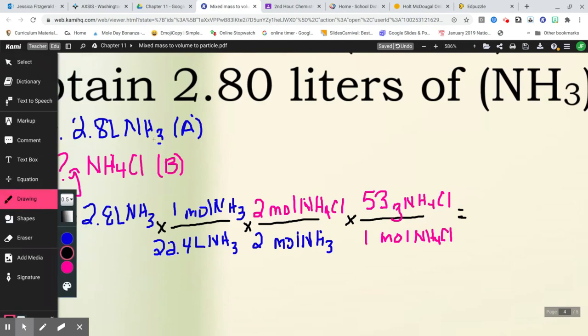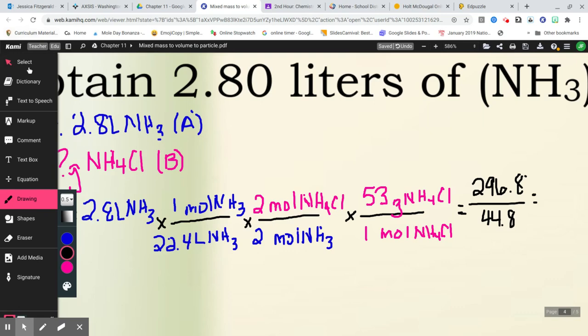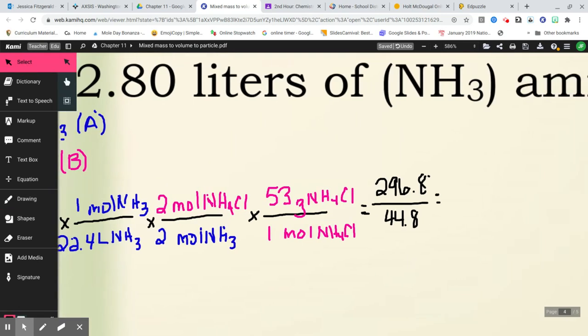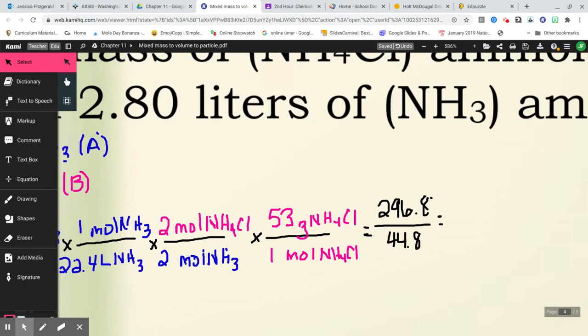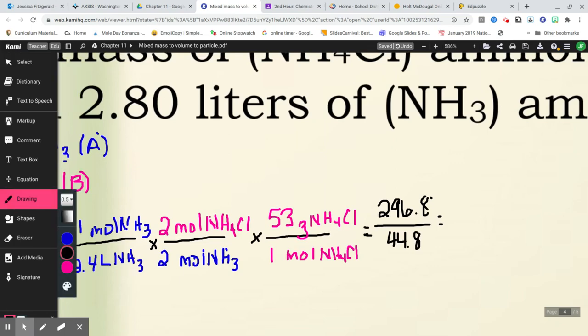And that ends up being 296.8. And we're going to multiply everything on bottom. So 22.4 times 2 times 1, that's 44.8. Divide those two out and you'll get your final answer of 6.6 grams of NH4Cl.